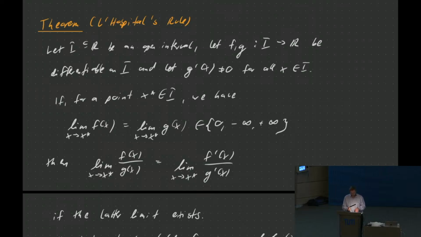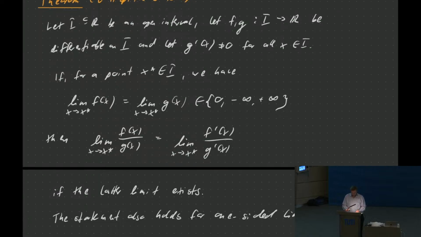And you have a point x star in that interval where you're interested in the limit as x tends to x star of f over g. Now what L'Hopital's rule says is you can replace this by the fraction where you have f prime instead of f and g prime instead of g. So just differentiate the numerator and the denominator separately.